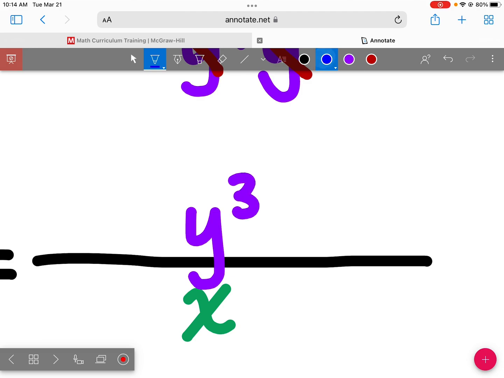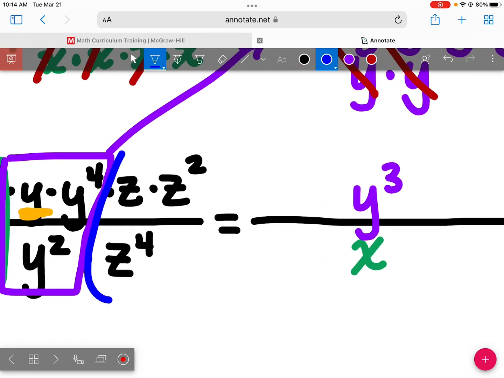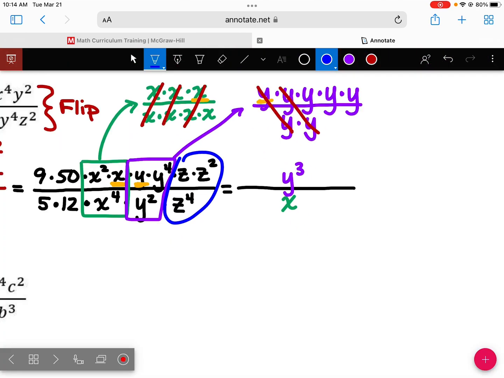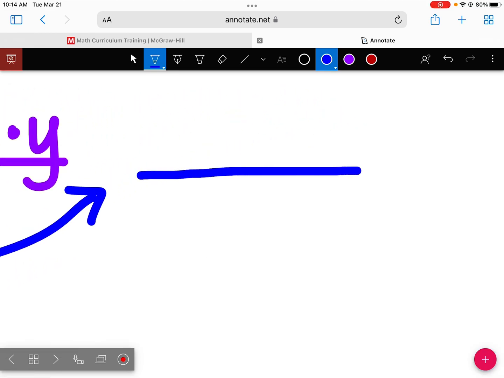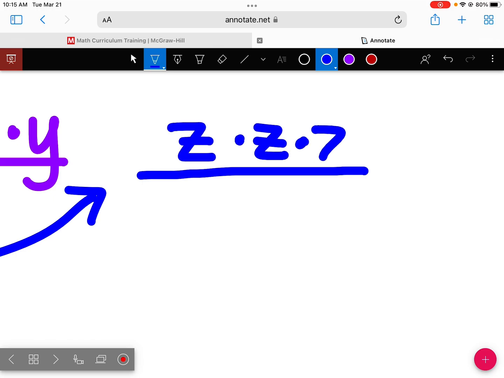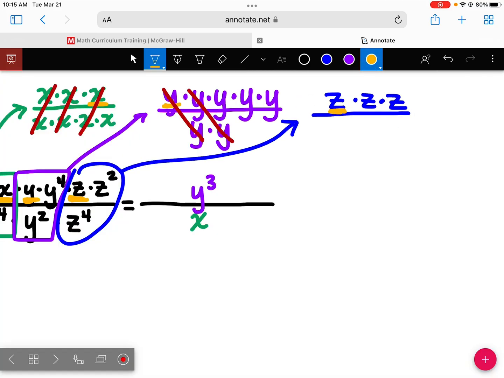All right, let's do that now with our z's. How many z's are being multiplied together on the top? 3. 1 that comes from this z all by itself, and 2 that come from the z squared.